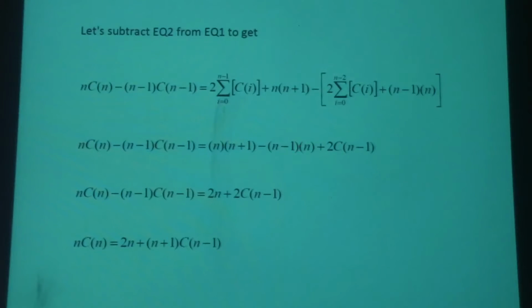And what did we do here? We recognize the fact that this goes from 0 to n minus 1, and this goes from 0 to n minus 2. So what do we have left? Which term remains? Which index remained?